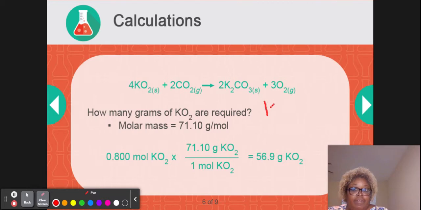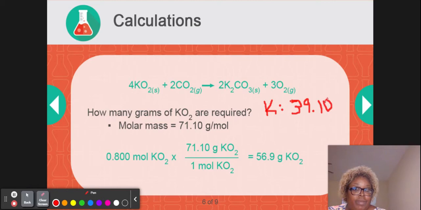Just to give you a heads up of how we got that value: potassium, according to the periodic table, is 39.10, and that's grams per mole.